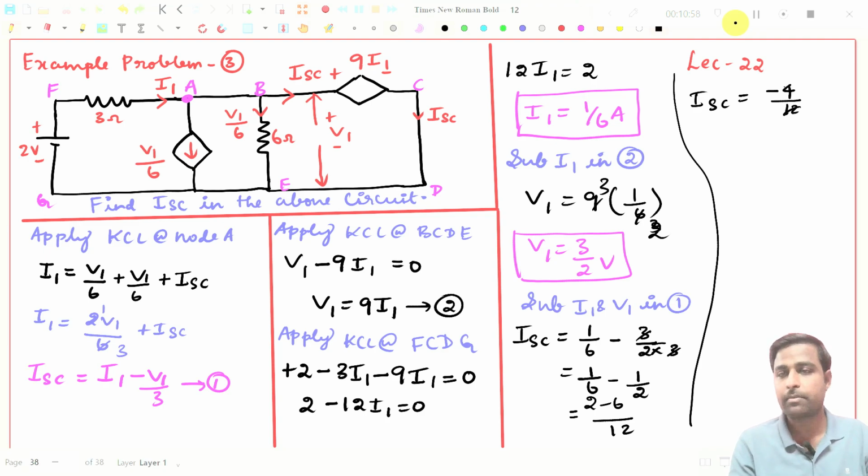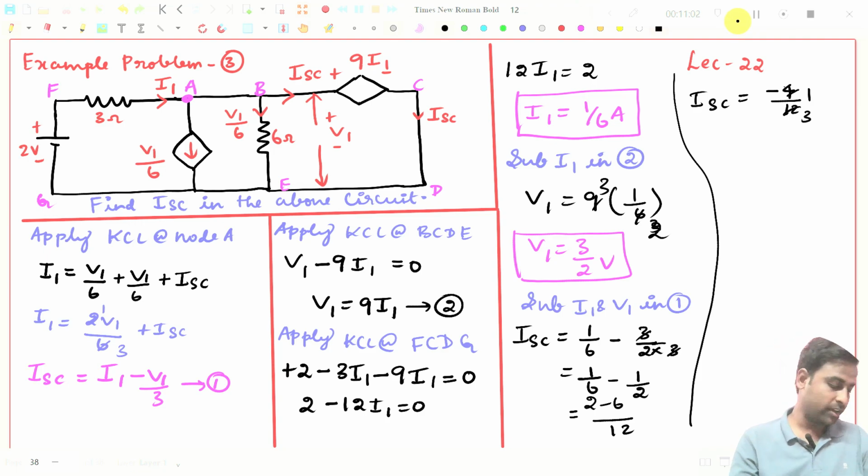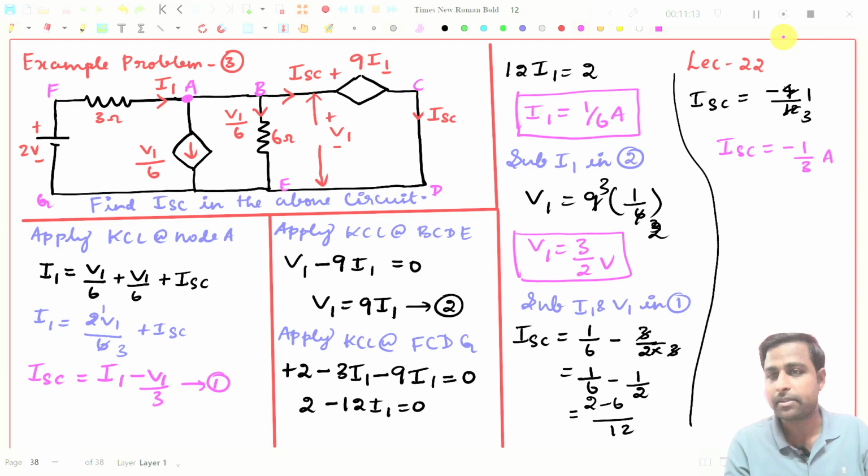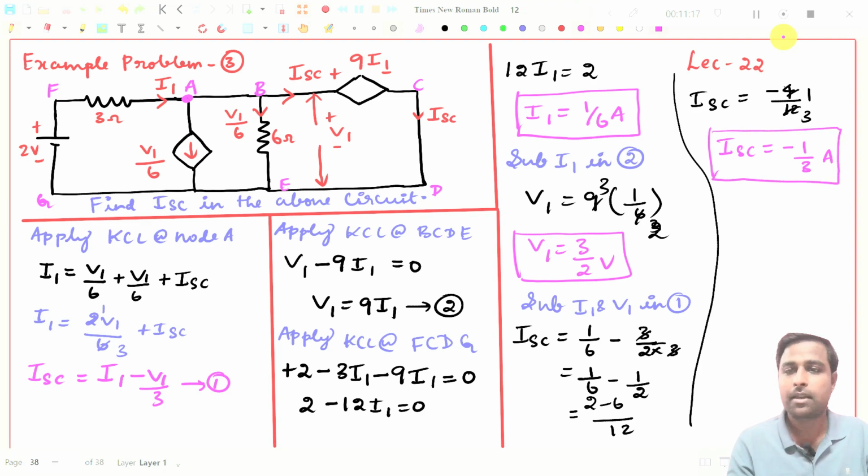So this can be 3 times, and this can be 1 time. So that will be 1 by 3 amperes. So finally ISE will be equal to minus 1 by 3 amperes. This is the final value of ISE. That is what we have found, that is what we are asked to find, that is what is given in the question, right?